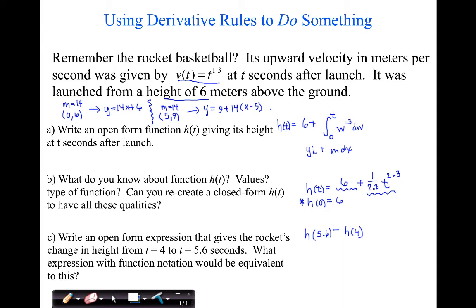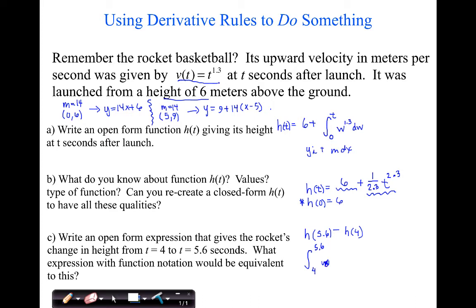But I also know I could write that even if I didn't know this function h in closed form like that, I could also use this format. The change in the rocket's height doesn't depend on what height it was at time 0. It's just going to be the accumulation between time 4 and time 5.6. And you can use really, in this case, whatever letter you want inside.